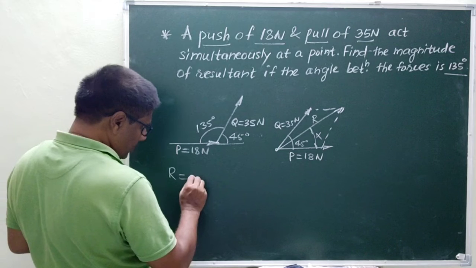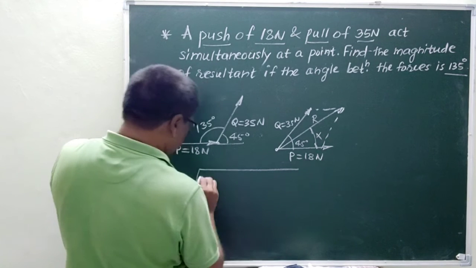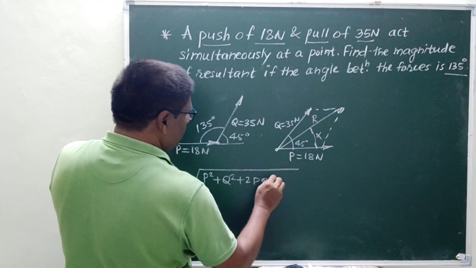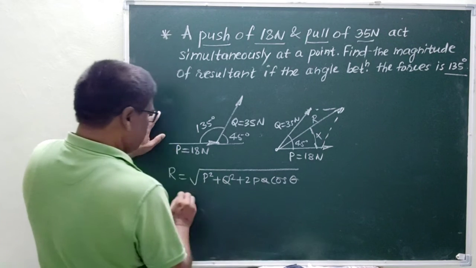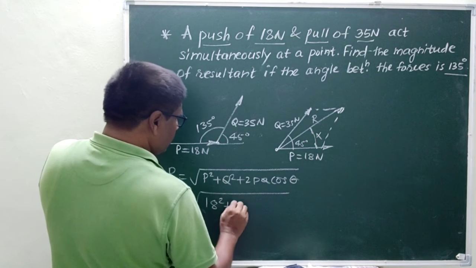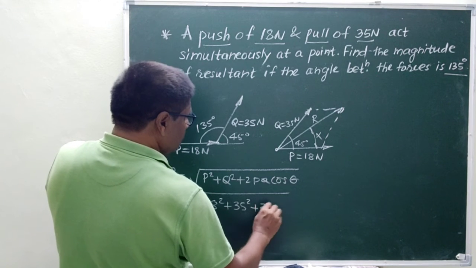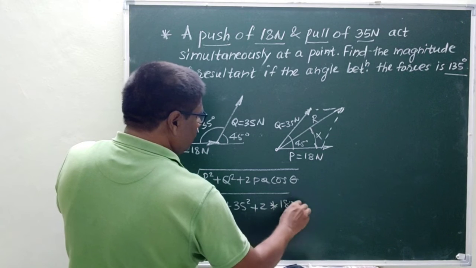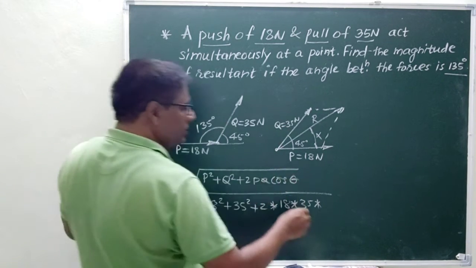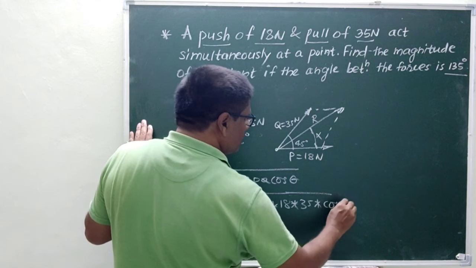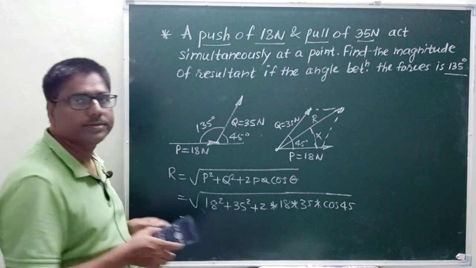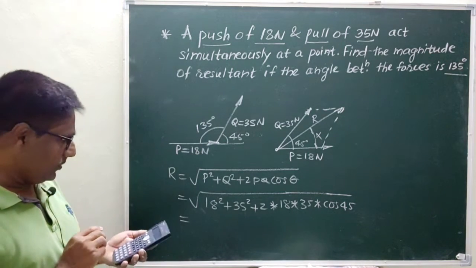R is equal to root of P square plus Q square plus 2PQ cos theta is equal to root of 18 square, value of P, value of Q 35 square plus 2 into 18 into 35 into cos of this angle theta, means 45, cos 45. Let us find this resultant value.